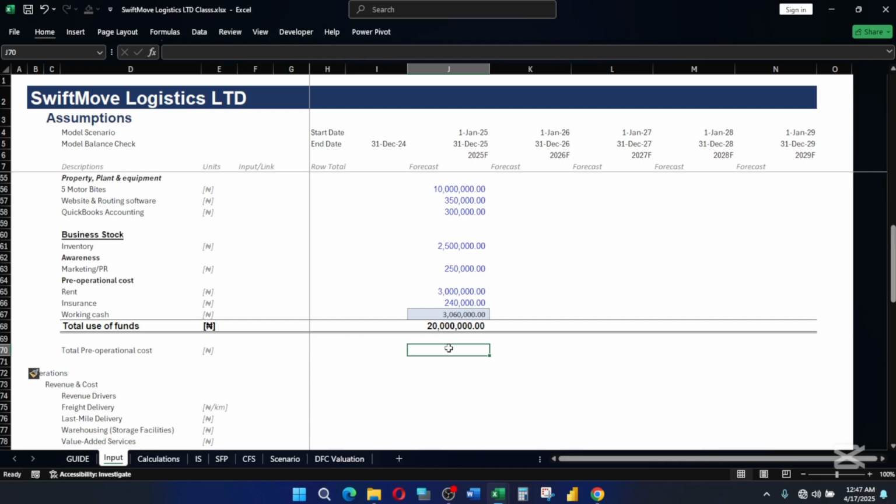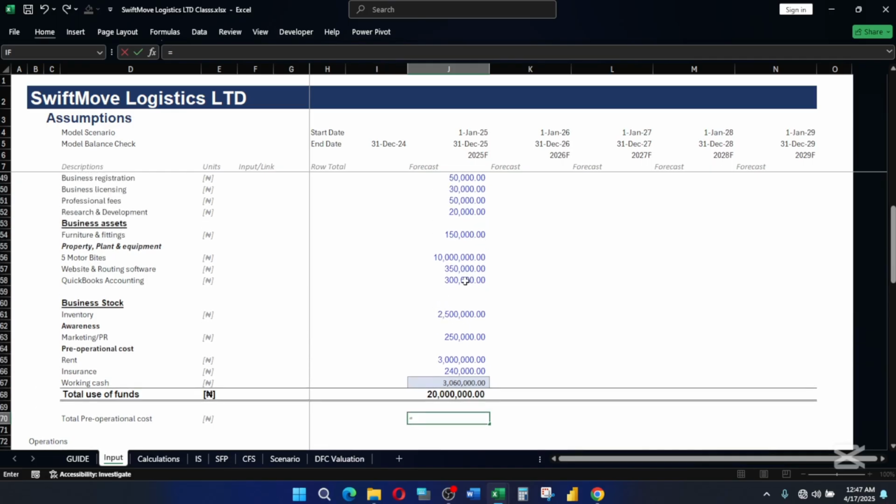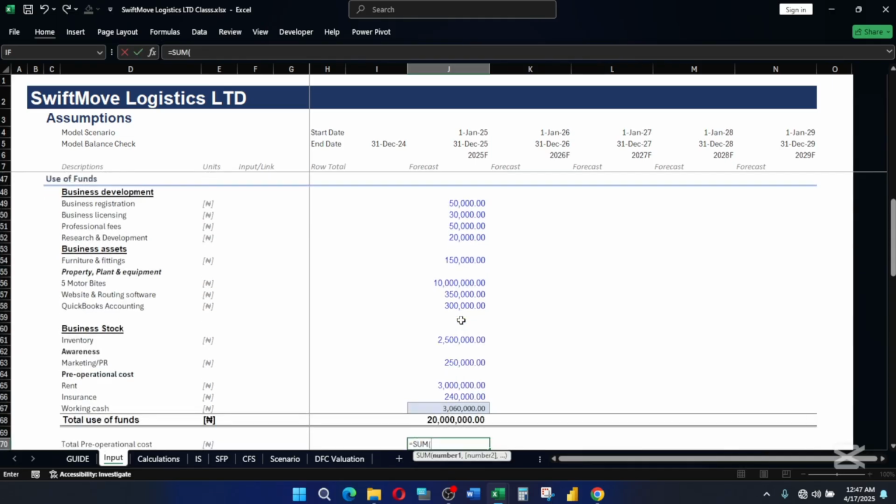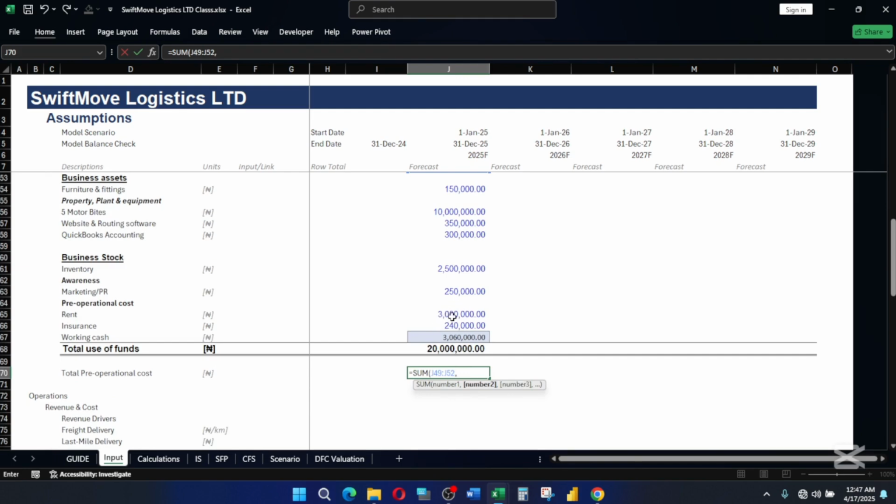So our total pre-operational cost is going to be equal to the sum of everything we have under the business development, comma, then everything we have from the awareness to the pre-operational cost.